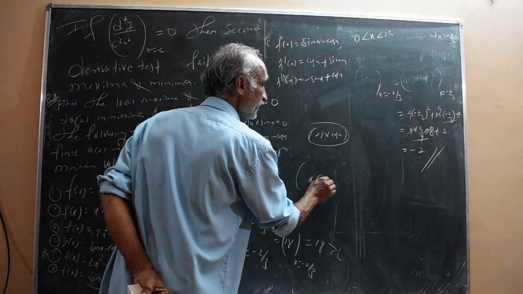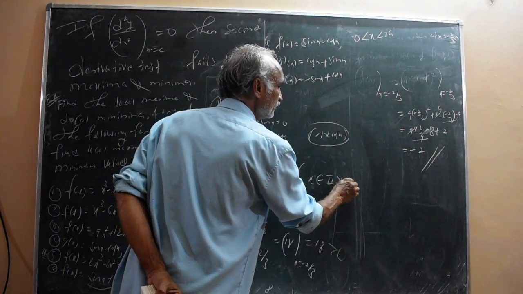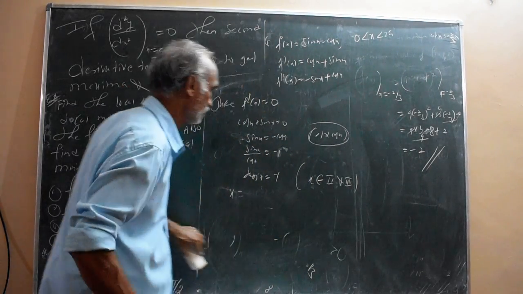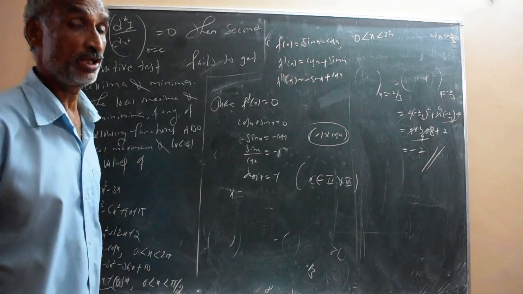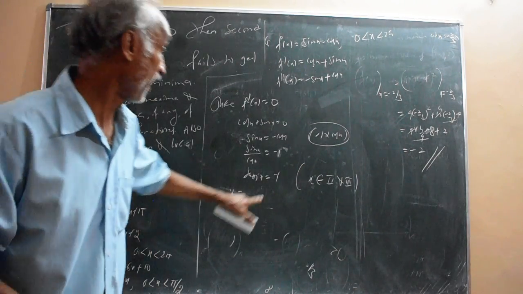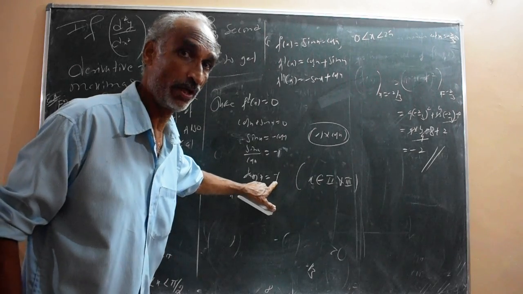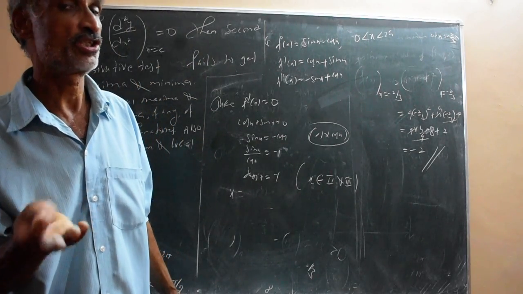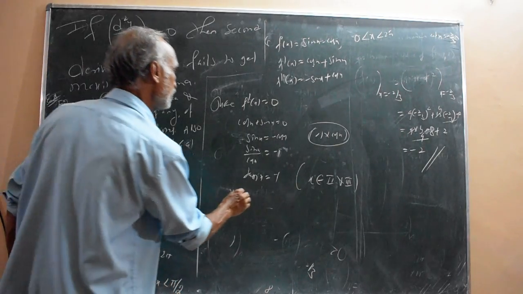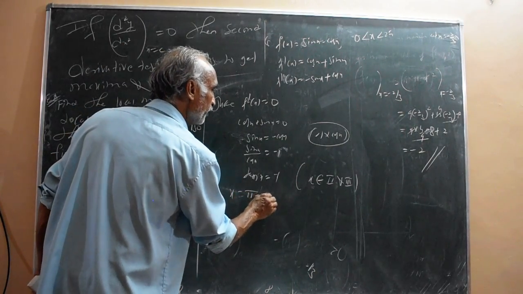Tan negative means x belongs to the second and third quadrants. Therefore the critical value in the second quadrant, that is 90 to 180: tan pi by 4 is 1, but we need minus 1, so we go to the second quadrant by taking 180 minus pi by 4.